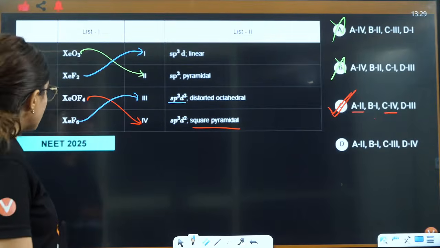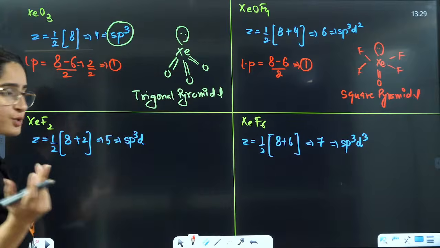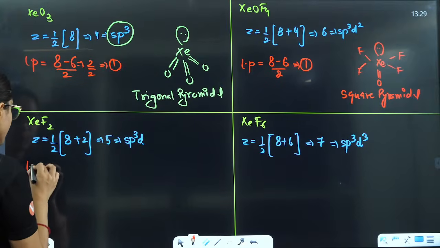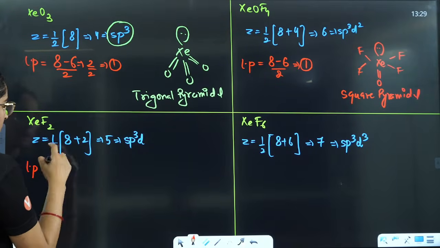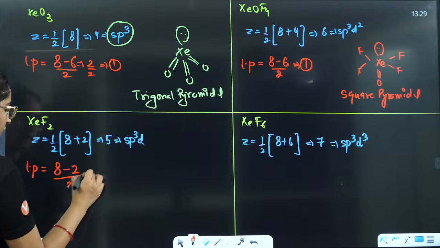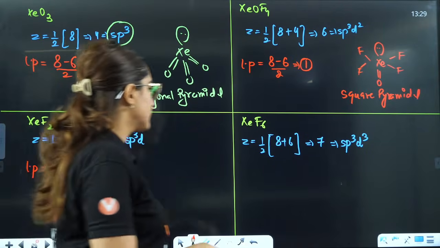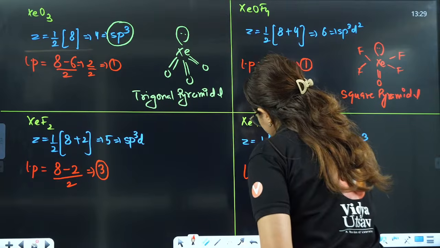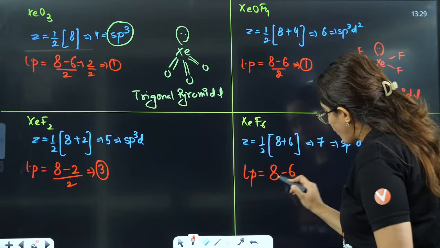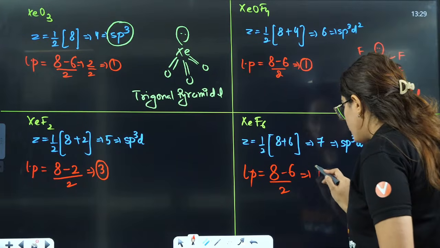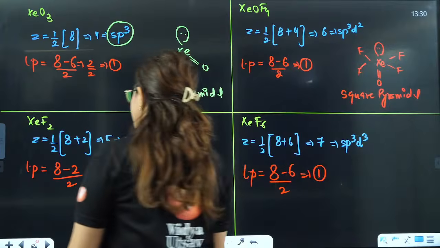Okay, but we'll still solve the shapes as well, because you never know what they ask you in the exam. So the lone pairs: 8 valence minus 2 involved here, divided by 2, so 6 by 2 is 3 lone pairs.